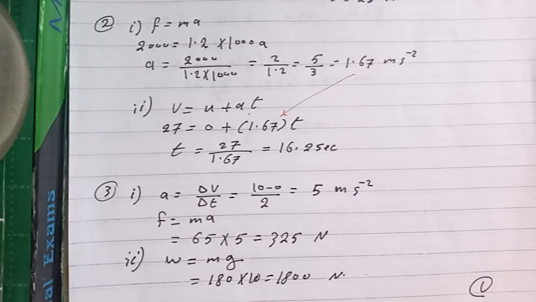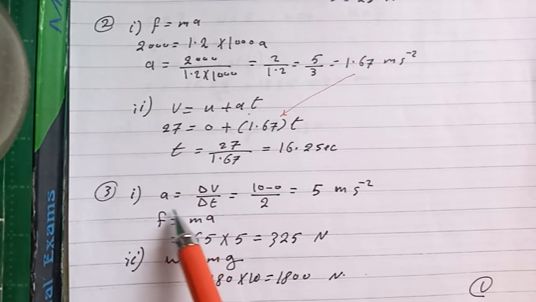Calculate the force required to produce this acceleration, assuming it is uniform, meaning a steady acceleration. Here the acceleration is the difference in velocity over the time. He changed the velocity from 0 to 10, so it's 10 minus 0, within 2 seconds. So the acceleration will be 5 meters per second squared.